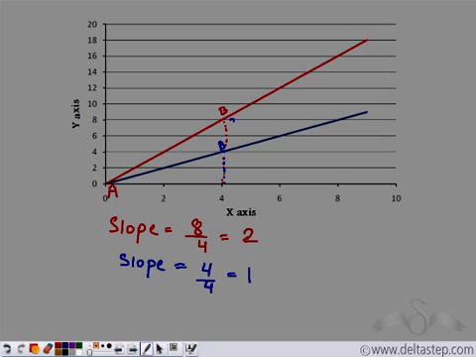So this part is extra. So the change in y coordinate for red line is higher than that of the change in y coordinate for blue line for the same change in x coordinate. Thus, the slope of red line is higher than that of the blue line. And we say that red line is steeper than the blue line.